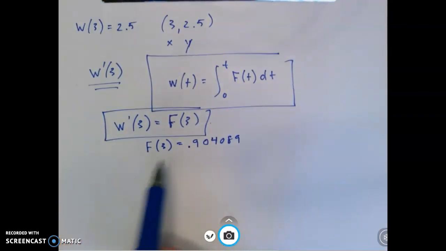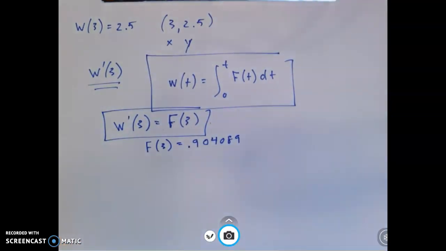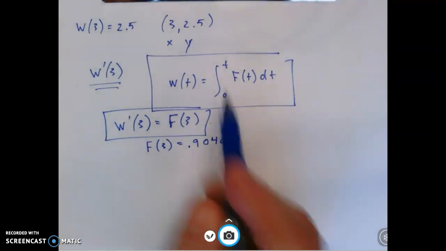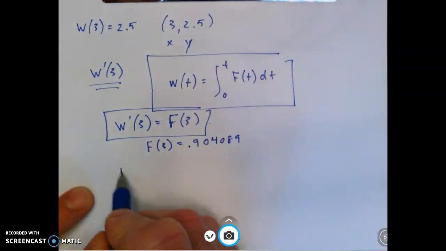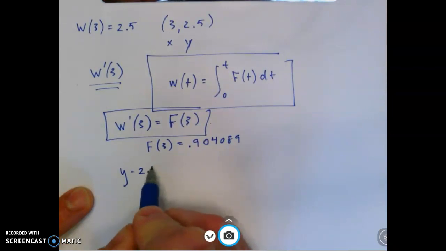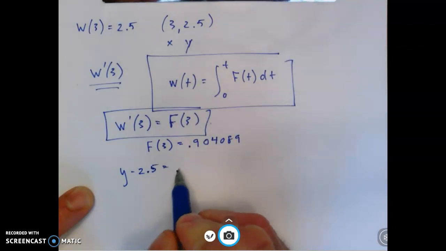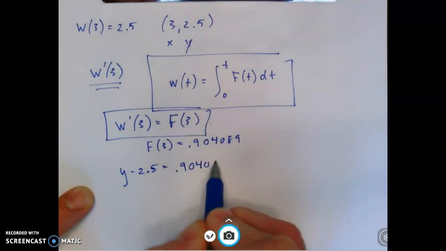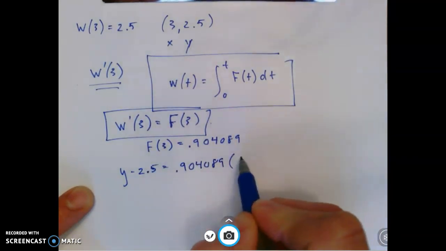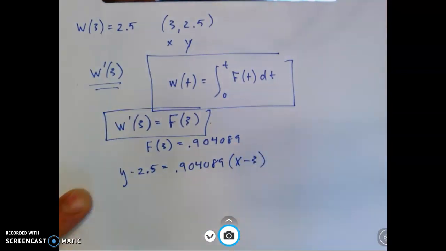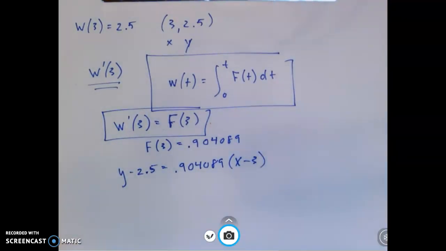Now the reason I'm using the whole thing right now is because I don't want to simplify it at this point. Now we have our slope, we have our coordinate point, and we just work it out. So y minus this equals my slope times that. So there's an equation.